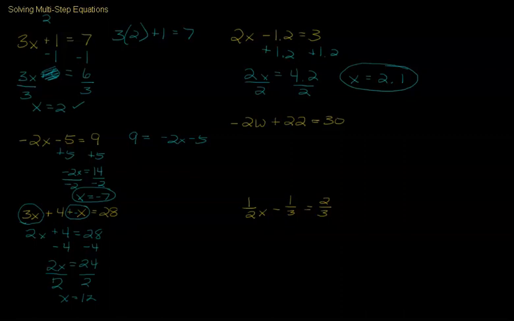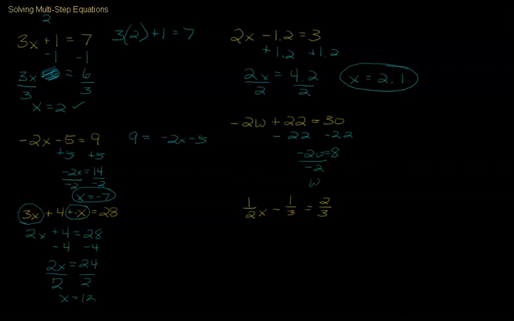Why don't you pause it and see if you can solve this one? We're going to subtract 22, because that's a plus 22. 30 minus 22 is 8. 22 minus 22 is 0, so that's gone. We divide by negative 2, and this cancels out and just becomes w.